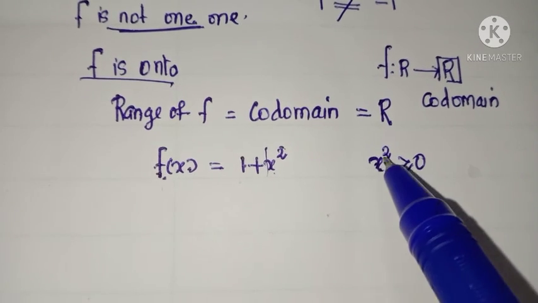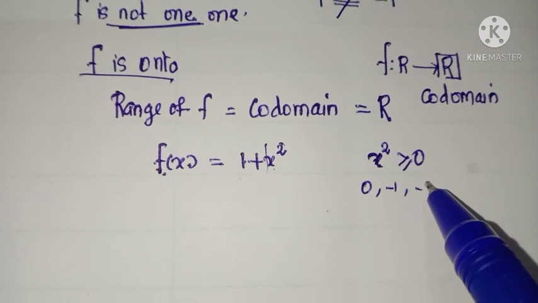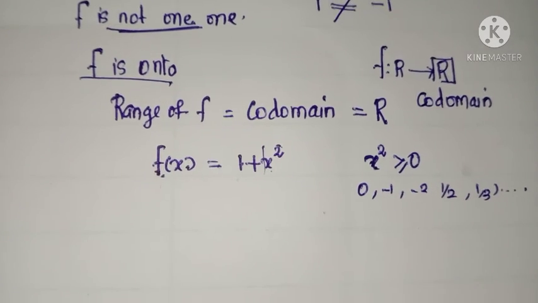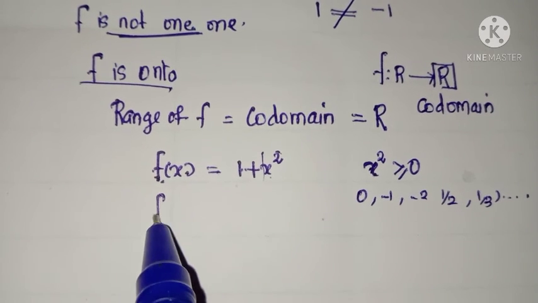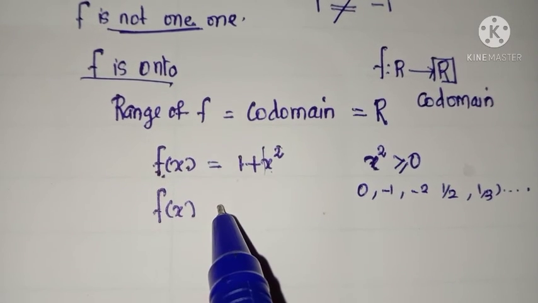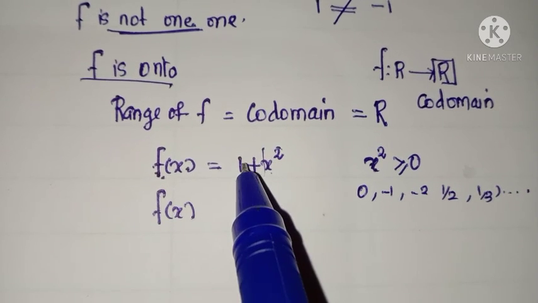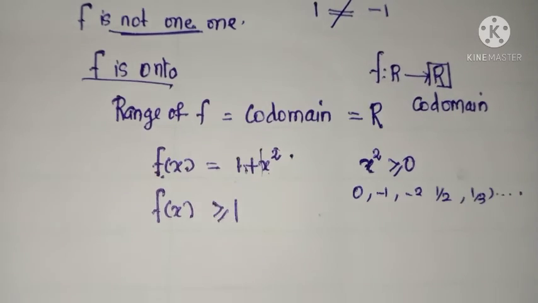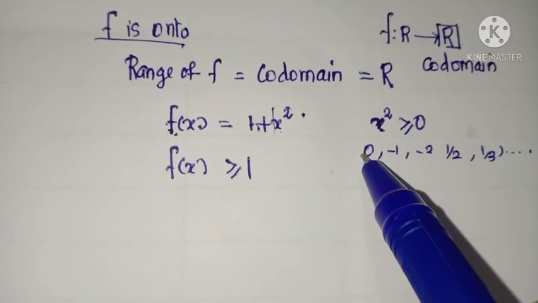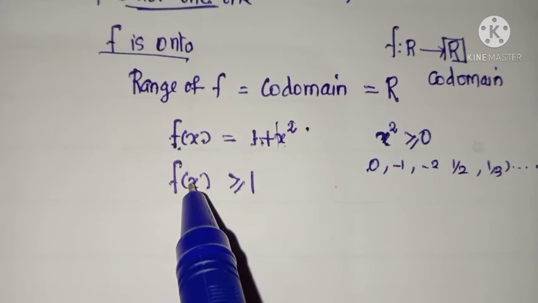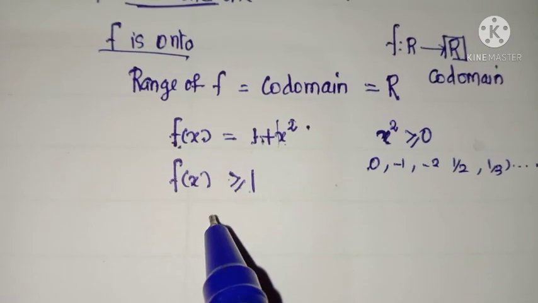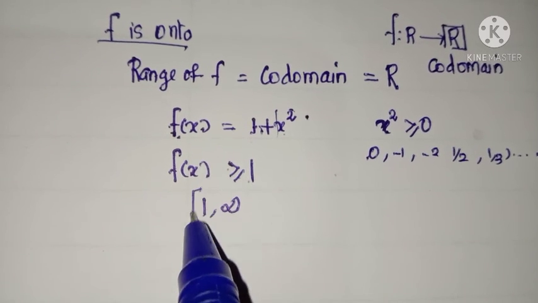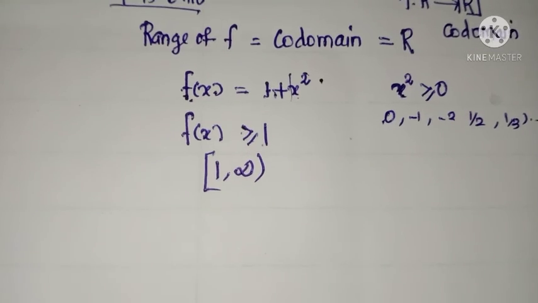You can put x equal to 0, -1, -2, 1/2, 1/3 and so on. For any value, f(x) is more than 1 because it is 1 plus something. If we put x = 0, it is equal to 1. So f(x) is greater than or equal to 1, which means it is the closed interval [1, ∞).